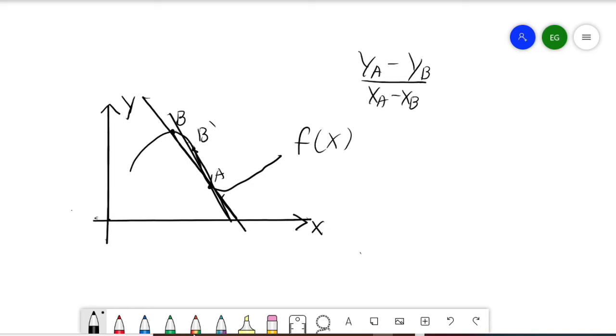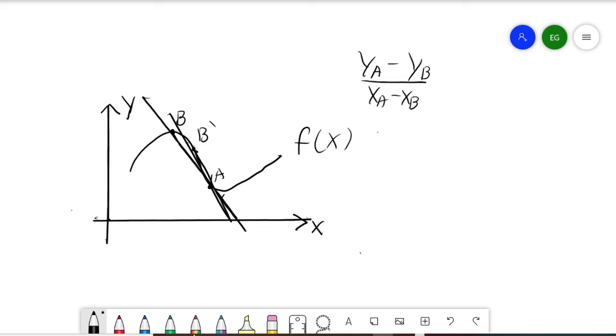And then we will let the distance between A and B approach 0. It can't be exactly 0, because then we'll have to divide by 0 in our formula here. So we will let their distance approach 0, which is what is known as a limit.